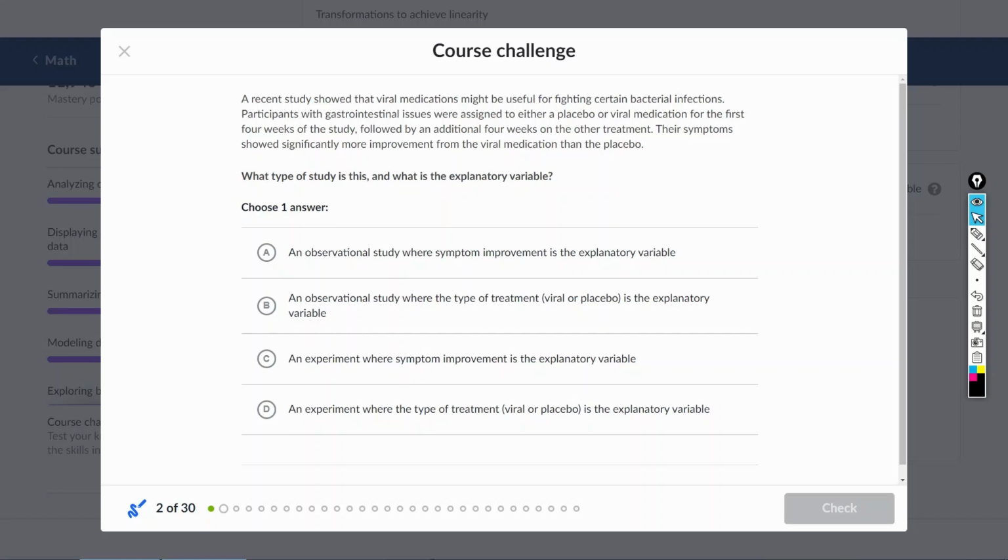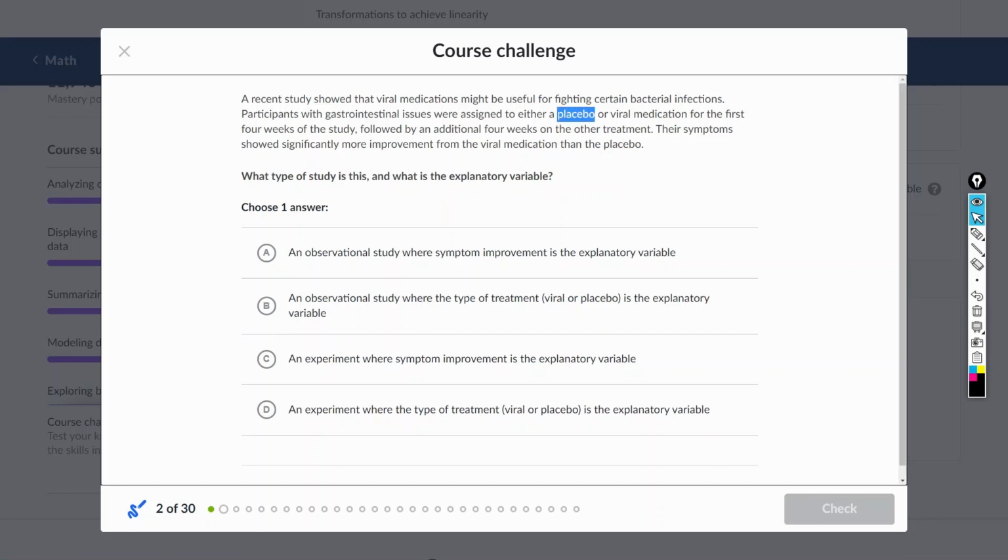好，第二题，A recent study shows that viral medication might be useful for fighting certain bacterial infection. Participants were assigned to either a placebo，就是安慰剂，or medicine for the first 4 weeks of the study, followed by an additional 4 weeks on the other treatment. Their symptoms showed significantly more improvement from the viral medicine than the placebo.